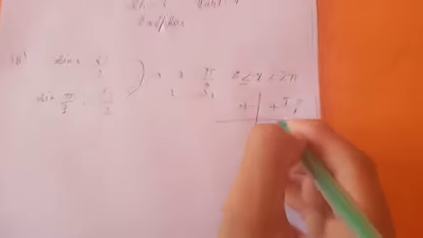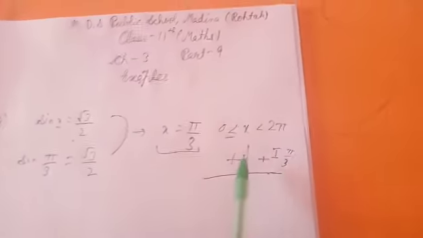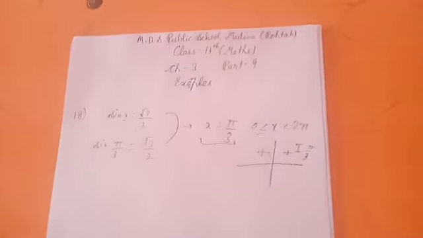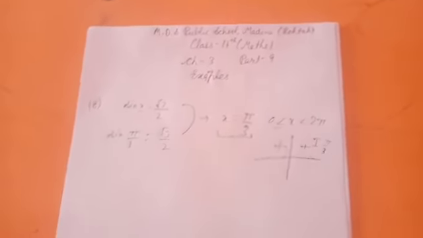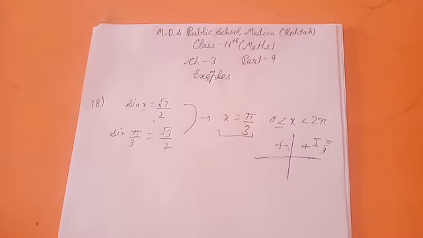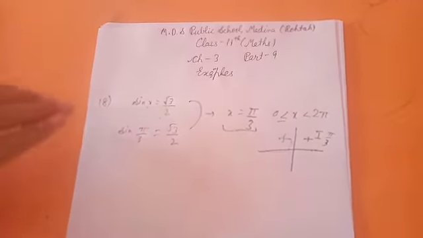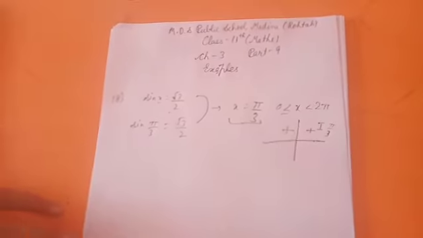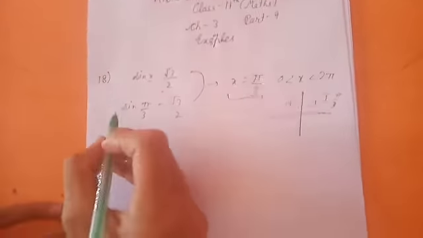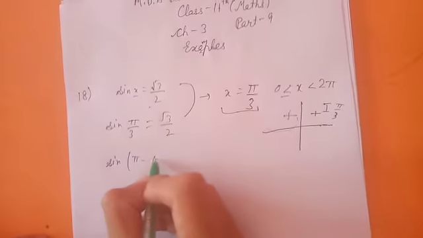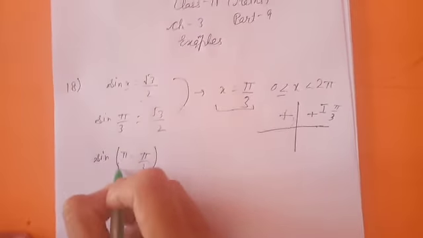Means if it lies in first quadrant, there is also one value in quadrant 2 for which sin x is equal to root 3 by 2. So I can write this as sin pi minus pi by 3.